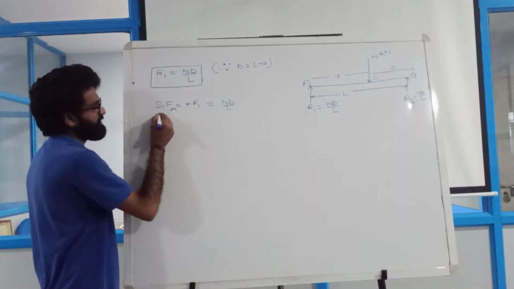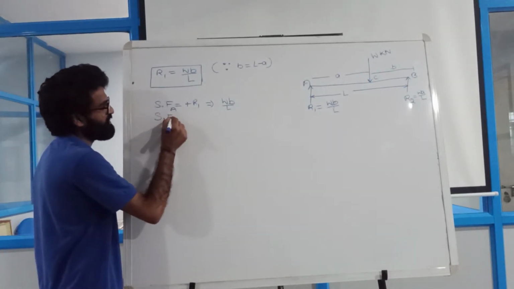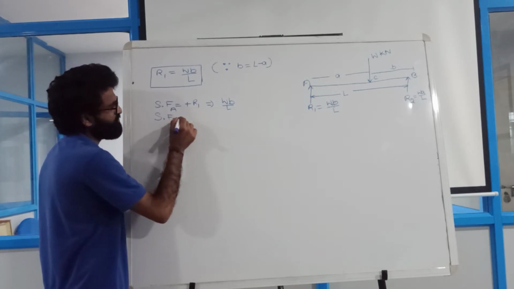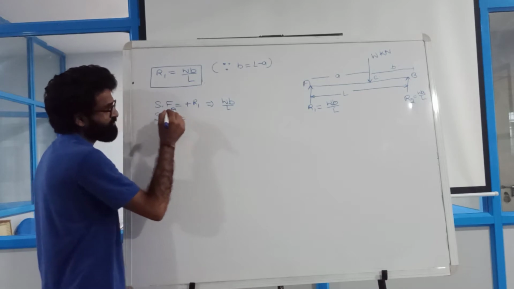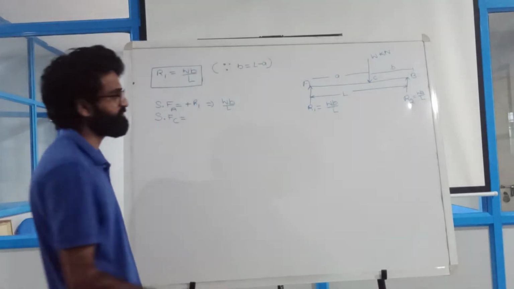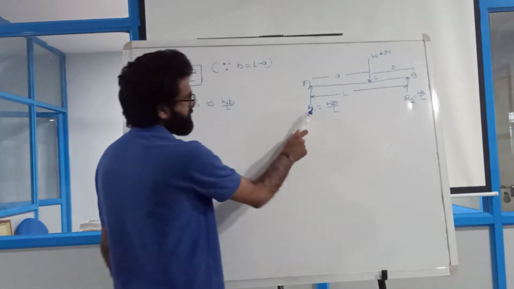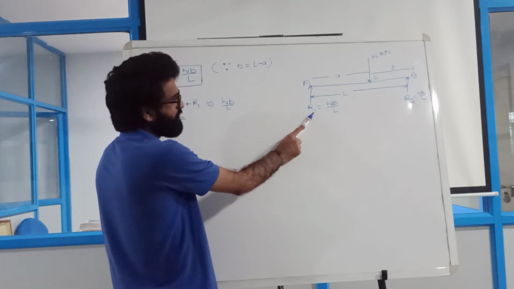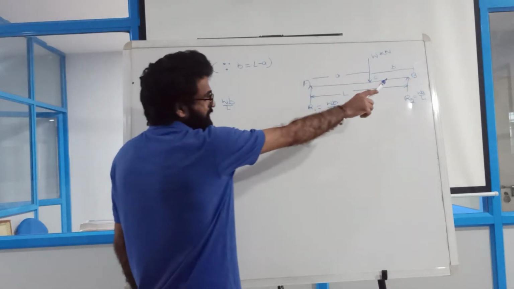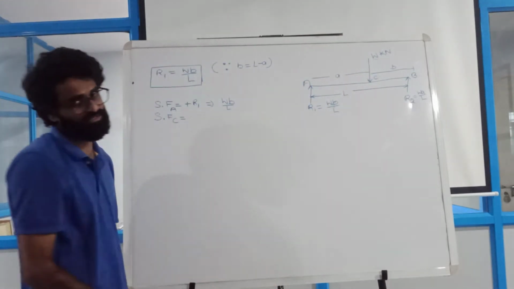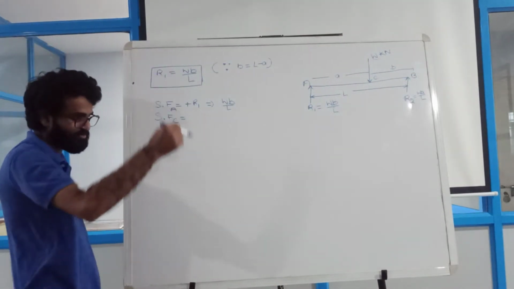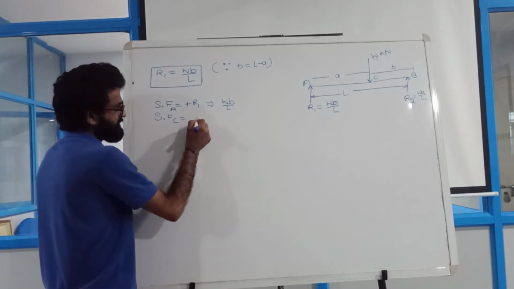So let us calculate the shear force at point C. What is my shear force at C point here? One force is acting here, that is R1, acting in the upward direction, and at C there is one force acting, that is W, acting downward. Downward, as all of you know, means a negative value.